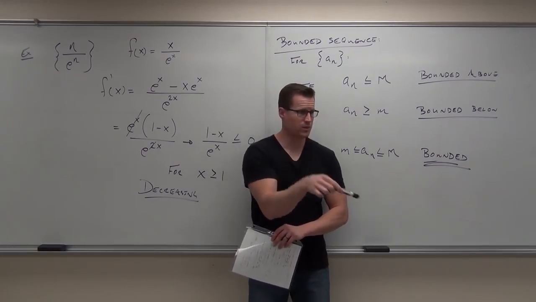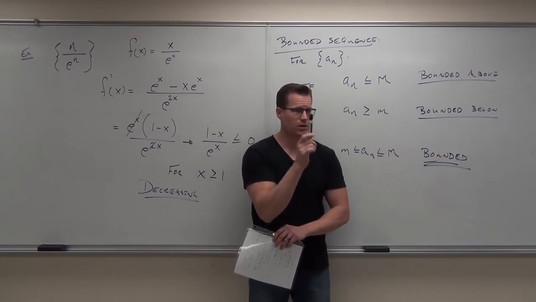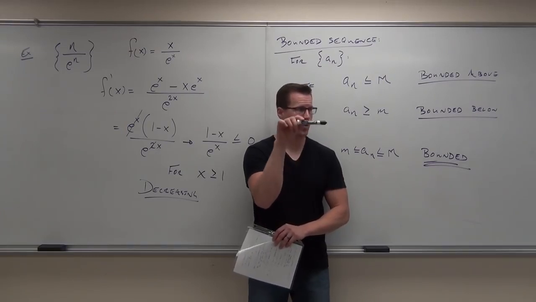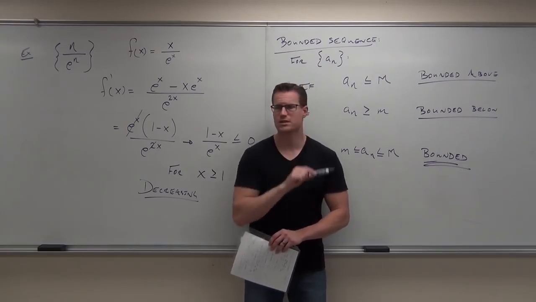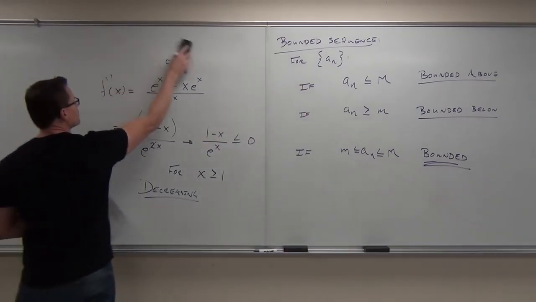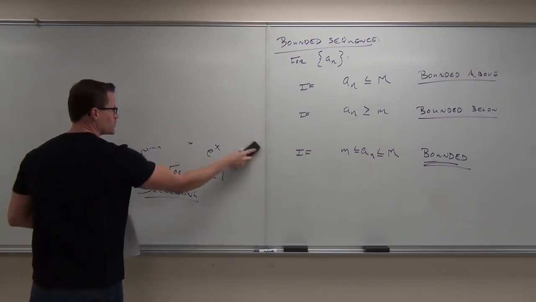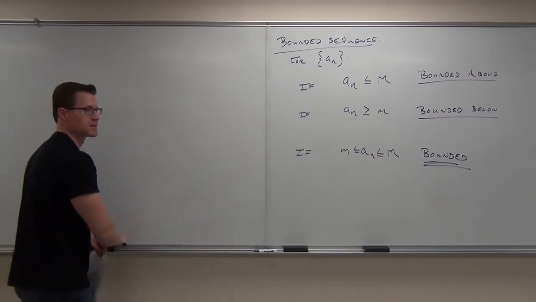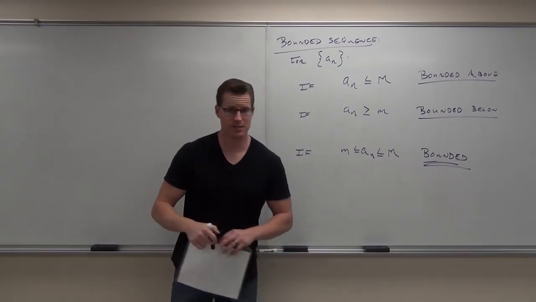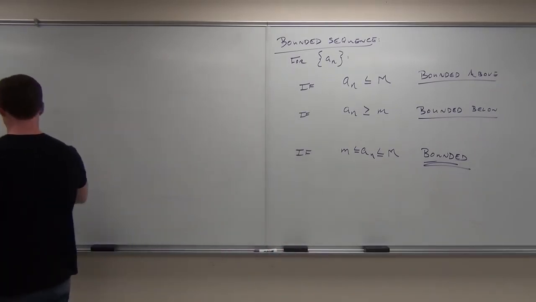Always going up or always going down, and it's bounded. Tell me what's going to happen. It's approaching a limit. If it's approaching a limit, we'd say the limit exists as we're approaching infinity. Tell me something about the sequence.